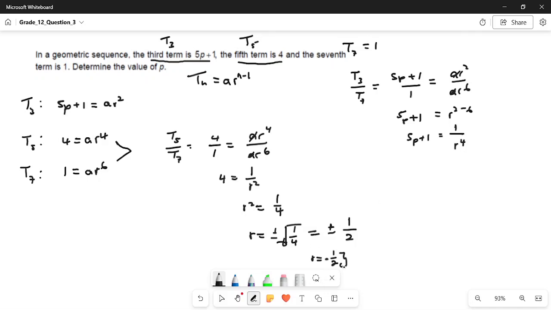I know what my value of r is, so I've got only one unknown in this equation, which is the variable p. So I will substitute r as a negative half. I will have 1 divided by negative half raised to the power 4. And that right hand side will give me 1 divided by, I'll have a positive number, which is going to be 1 divided by 16, right?